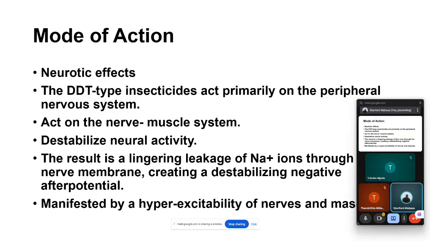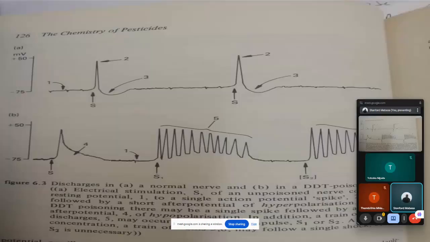But the organochlorines affect some parts of the nervous system. Here we just want to show you a normal signal during transmission, which is the first one, and the second graph is showing a series of those peaks indicating abnormality caused by organochlorines.